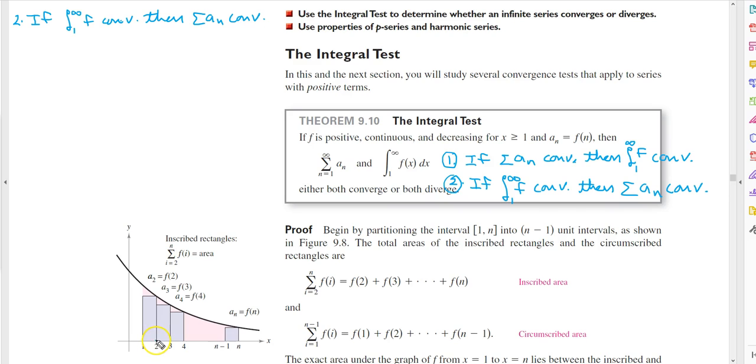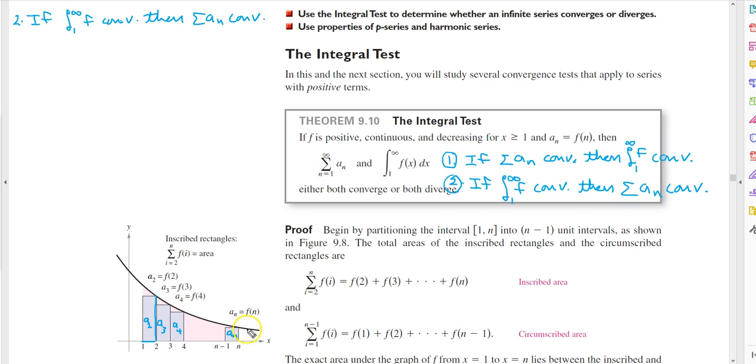The height here is a2 times the width, which is 1. And so this area is a2. The area of this next rectangle would be the height, which is a3. That's the same as f of 3 times the width, which is 1. So this area is a3. And the same thing for this rectangle, a4, and so on all the way down. And this one down here we have an.